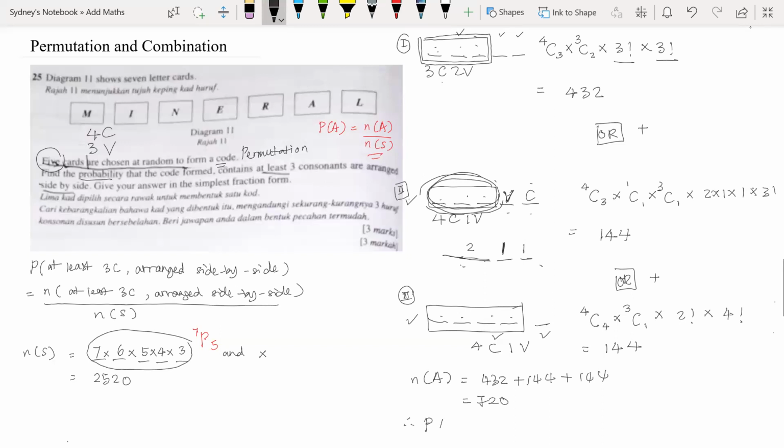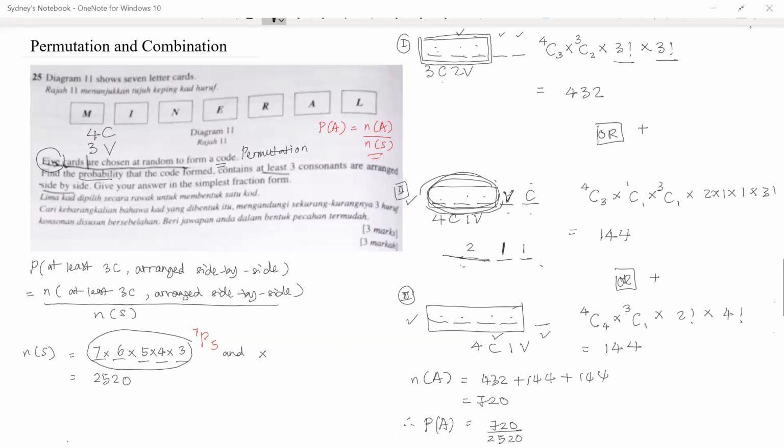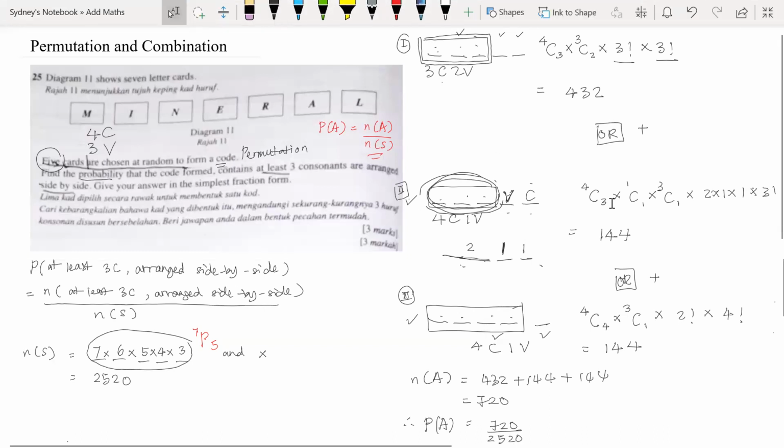Therefore, the probability of event A, which is 5-letter codes with at least 3 consonants arranged side by side, will be 720 over the total outcome, 2,520. And then we use the calculator to simplify.